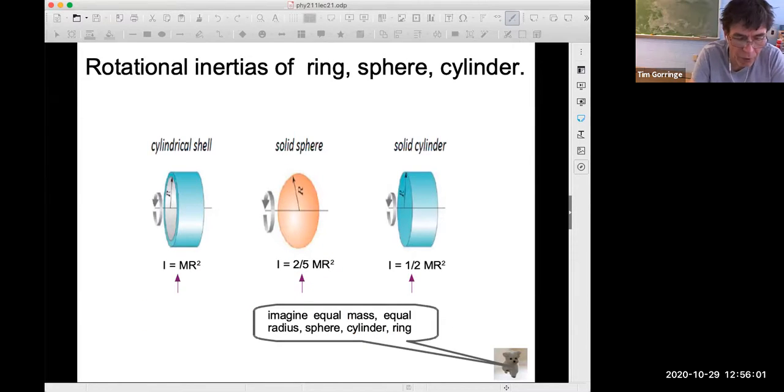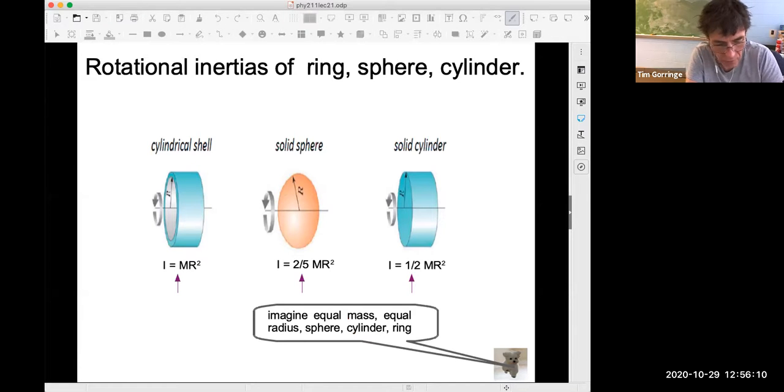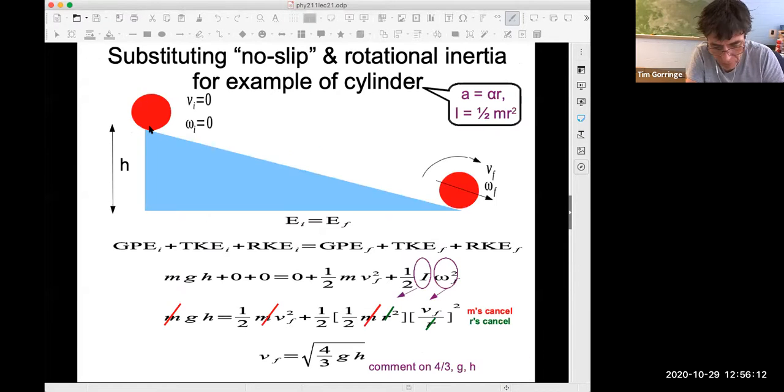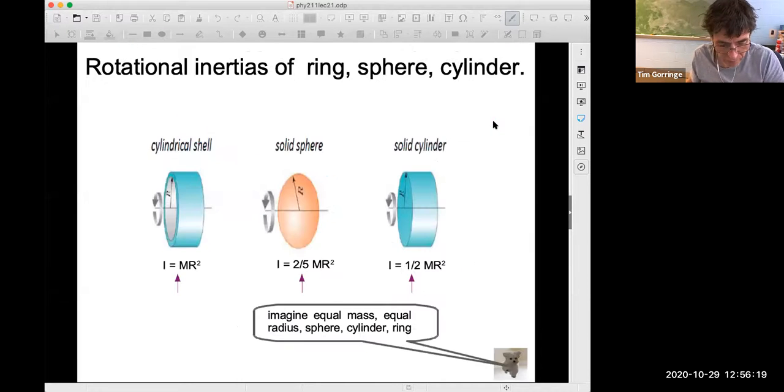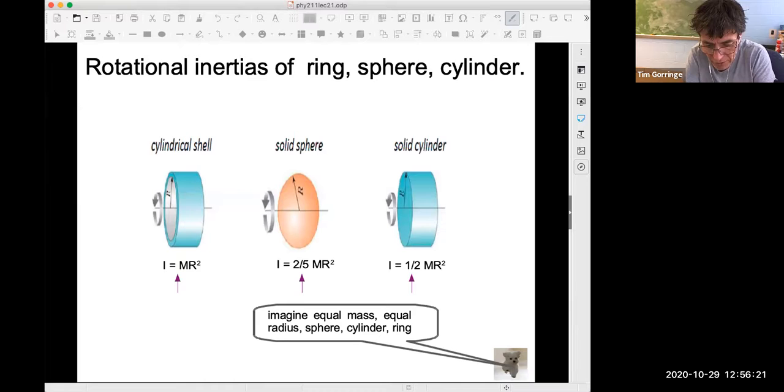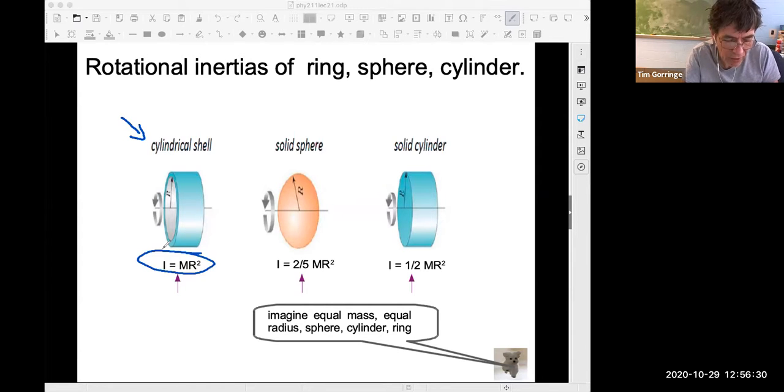In this problem, we're considering three objects. A ring is one of the objects. So on this little table here is this cylindrical shell, and here's the ring's moment of inertia. It's mr squared.